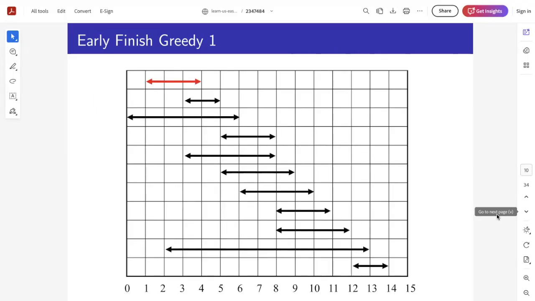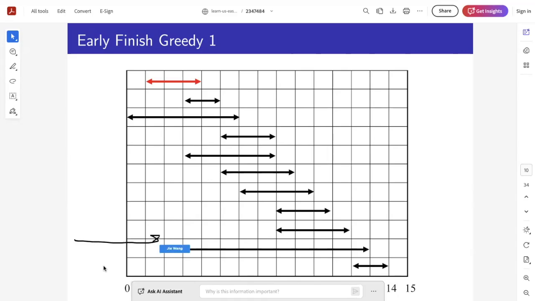So this is a visualization of greedy choice by selecting activities with the earliest finish time. We look at the earliest finish time in the example. So we just do a scan. This activity has the earliest finish time, so that's the one we are going to pick.